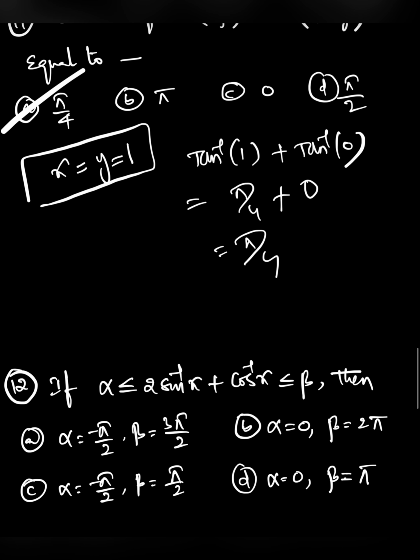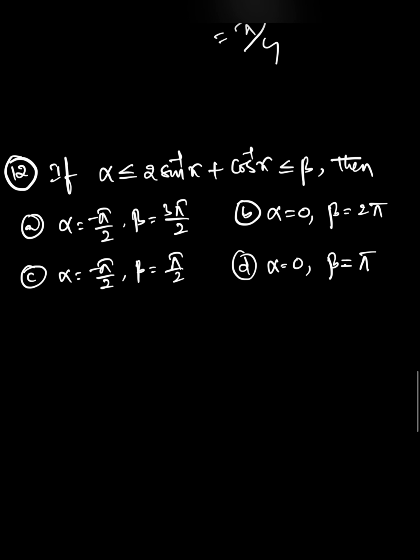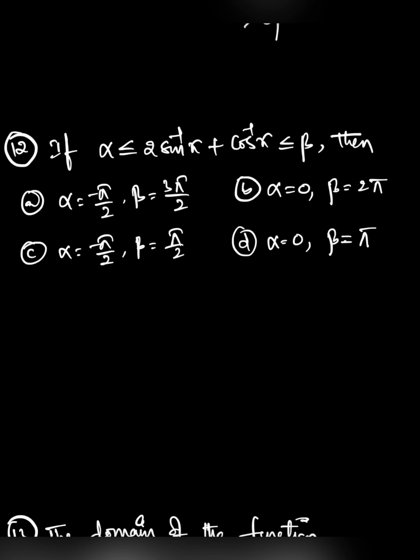You can take any other numbers, but don't take x equal to y equal to 0 blindly. That's all. Next, move on to the 12th question. This is also very simple: alpha less than or equal to 2 sin inverse x plus cos inverse x, which is like sin inverse x plus, here sin inverse x plus cos inverse x gives pi by 2, less than or equal to beta.